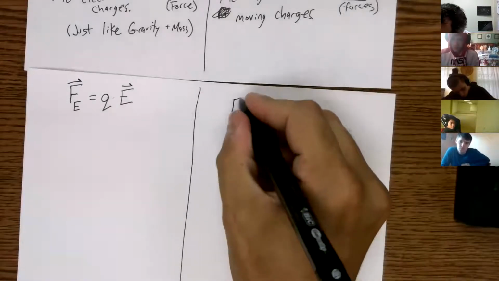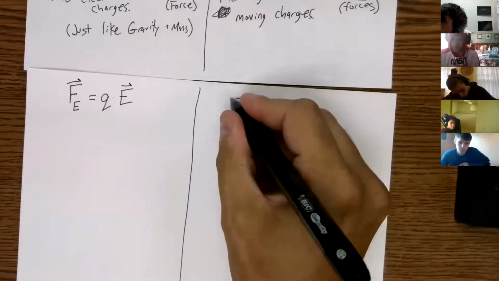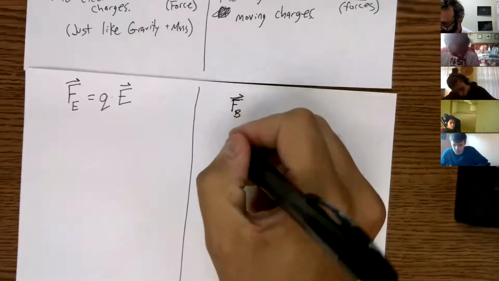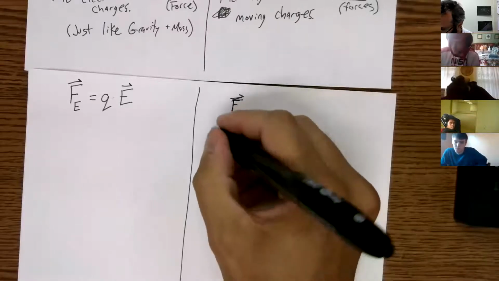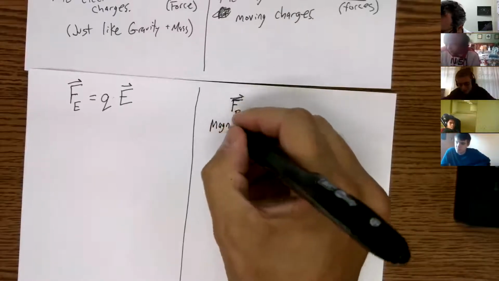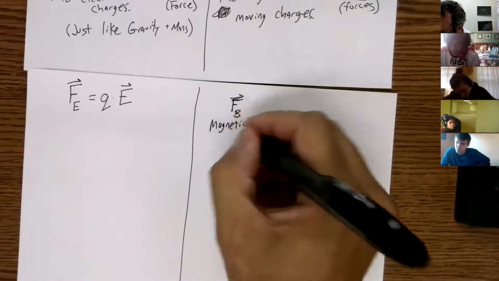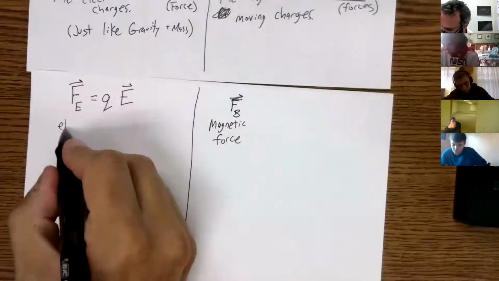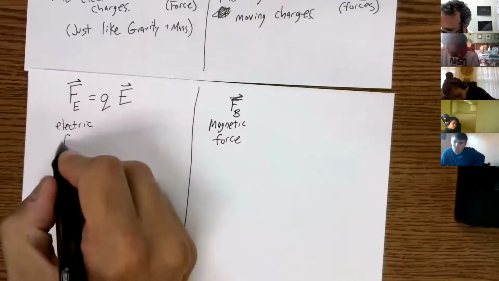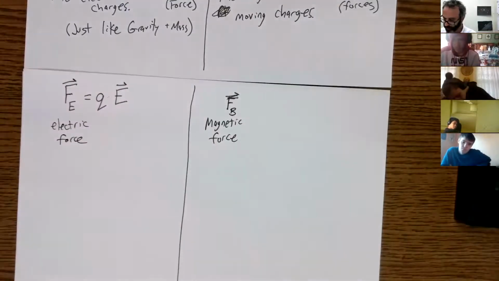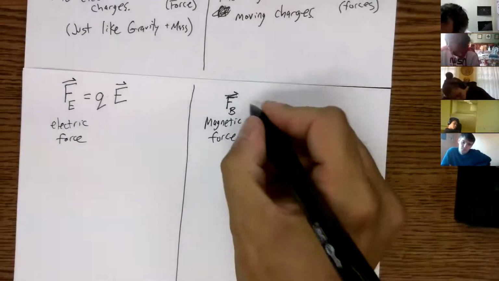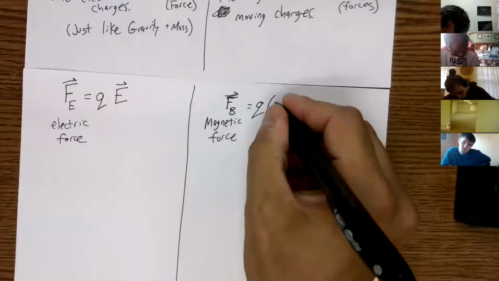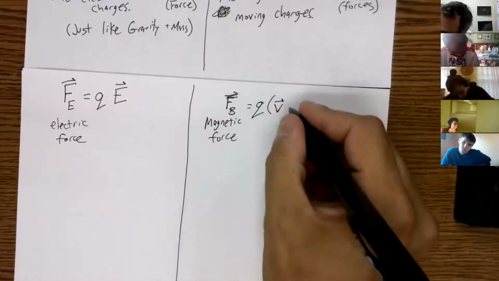Magnetic force. Right, and we use the capital letter B for magnetic field. So this is the magnetic force. I'll label it. This is the electric force. The magnetic force is only a little bit more complicated. It's the charge times the speed of the charge, right?